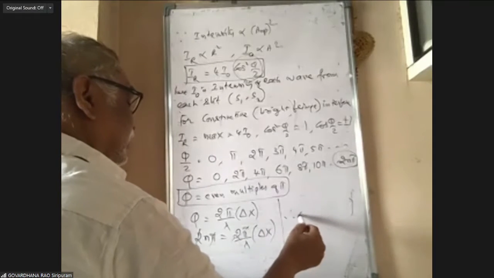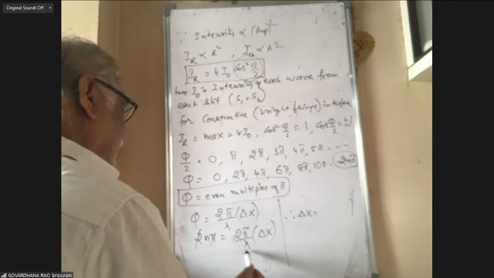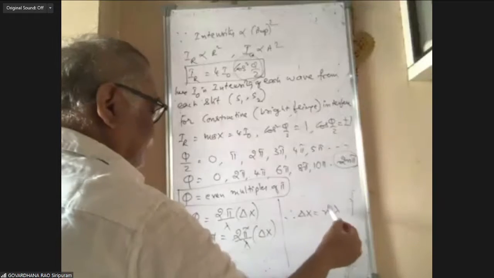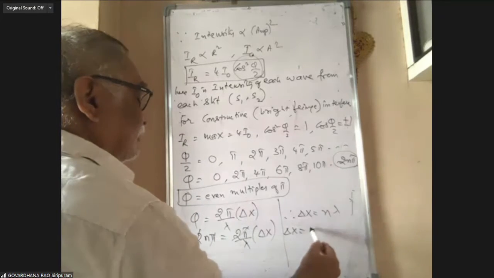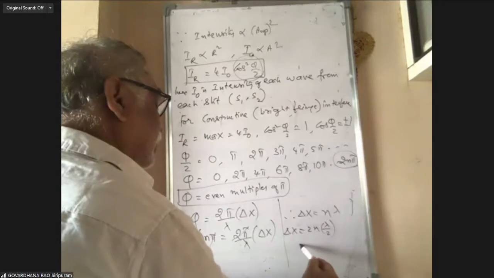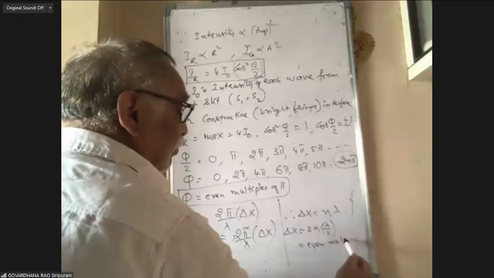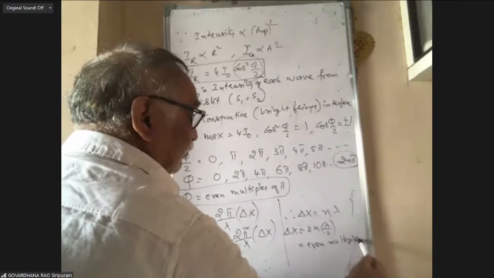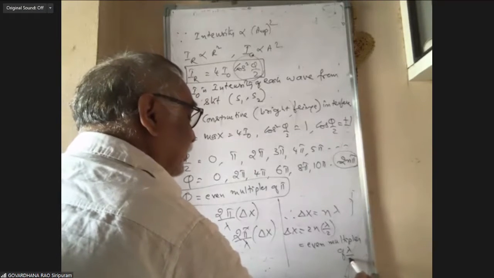Therefore, delta x is n lambda. N lambda we can write as 2n into lambda by 2, that is, even multiples of lambda by 2.